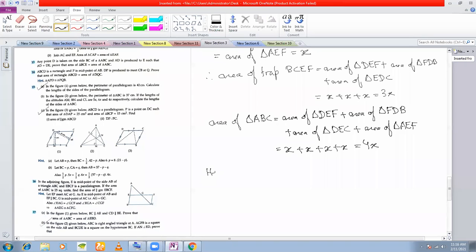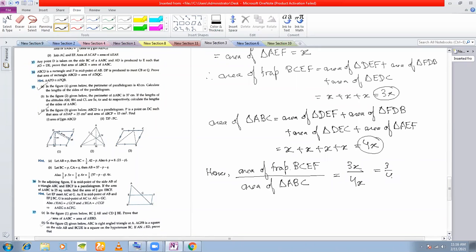Hence, we have to find the ratio of these two. Area of trapezium BCEF divided by area of triangle ABC is equal to, area of trapezium is 3x and area of the triangle is 4x, which is equal to 3/4.